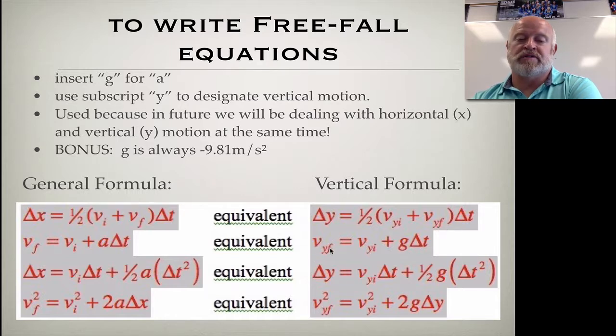Down here, velocity in the y direction final, velocity in the y direction initial. Instead of a, we have g, because the acceleration is going to be because of gravity. Same thing down here. Notice how a is replaced with g, and so forth. Knowing this, now we can do any problem that we have using the same math, the same formulas, but we just deal with it in the y direction. And we know the accelerations.